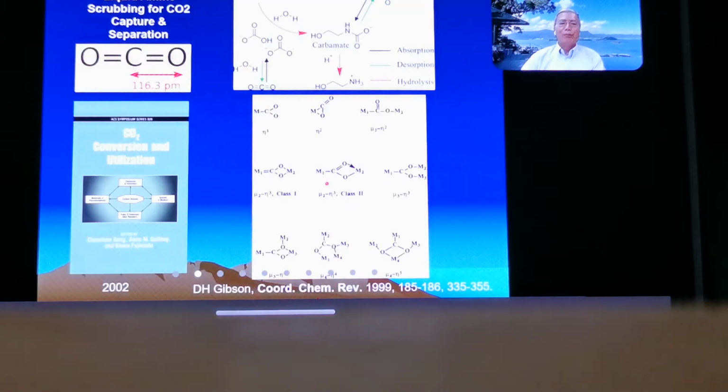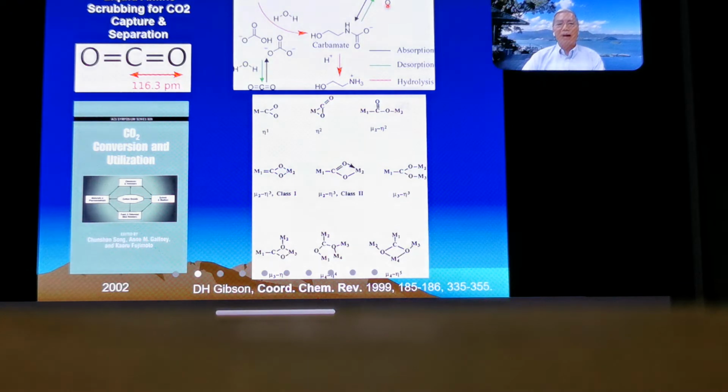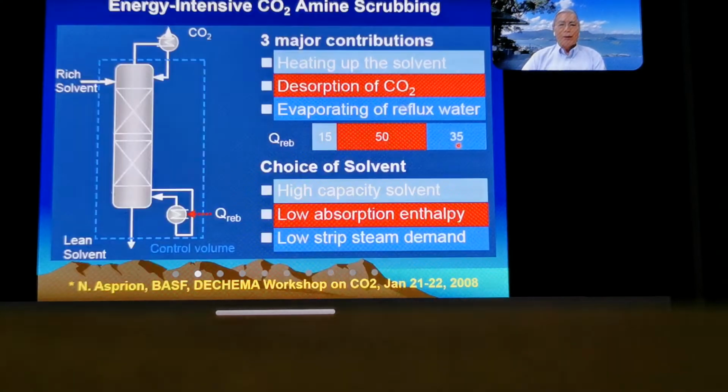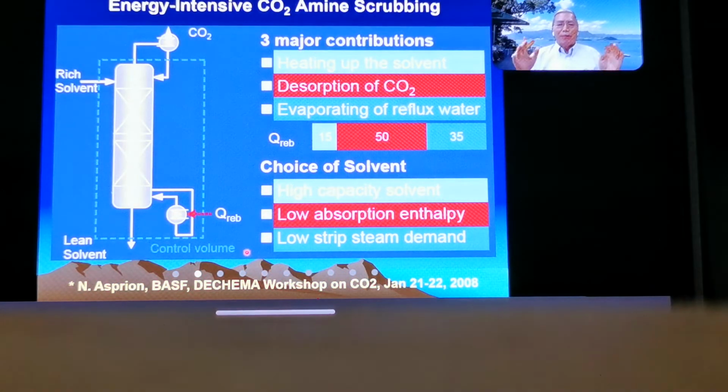The problem that we have is with the current commercial process using liquid amine-based scrubbing. Again, I realize that not everyone in the audience is working in the chemistry area, so I won't bore anyone, but we published a book on CO2 conversion and utilization 20 years ago. So we have been dealing with the chemistry and technology development, but let me put it in a way that makes sense to everyone: why does CO2 capture consume so much energy?